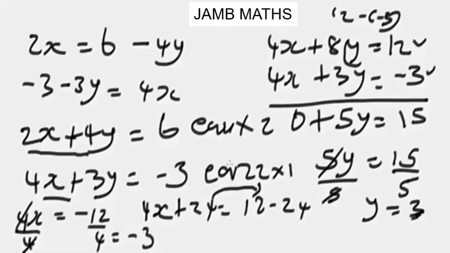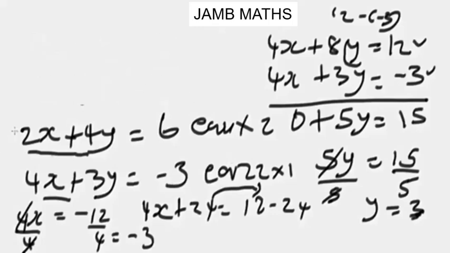Okay, now another way you can do this, let me wipe some parts of this solution. You can also plug in y in equation 1 or equation 2. You still get -3 as the output of x. But let's take each and every one of them. Let's take this second one. We are going to have 4x plus 3 times 3 gives us 9 equals -3.